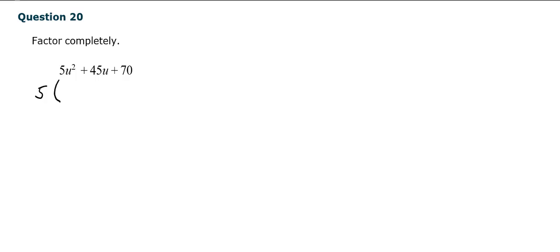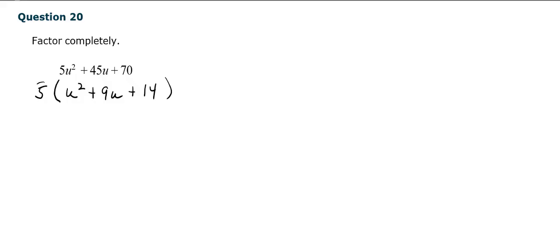So when I divide a 5 out of the first, that leaves me a u squared. Positive 45u divided by 5 is positive 9u. And positive 70 divided by 5 is positive 14.